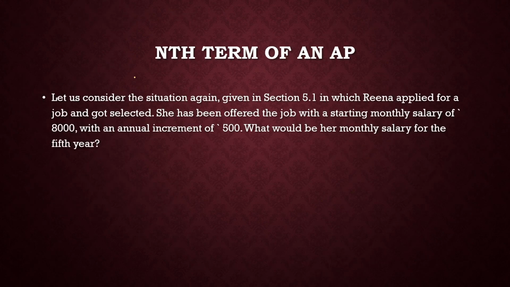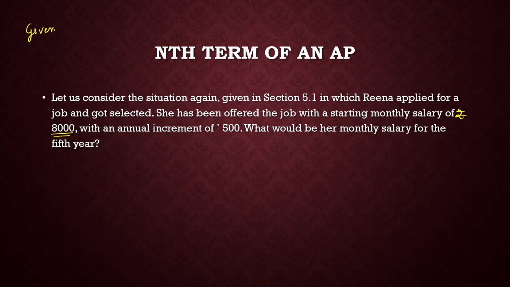So let us consider the situation in which Veena applied for a job and got selected. She has been offered the job with the starting salary of rupees 8,000. So the starting salary is given as 8,000. What does it mean? They've given us the value of A1.